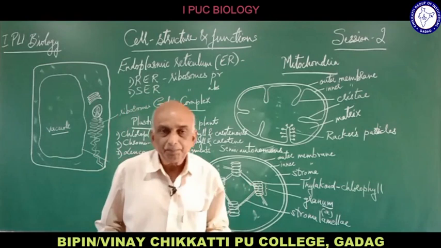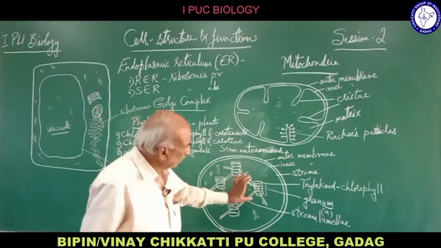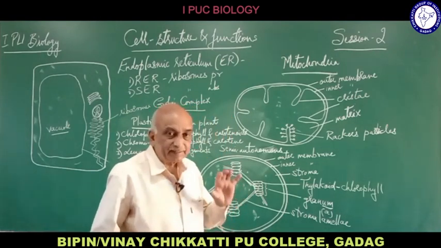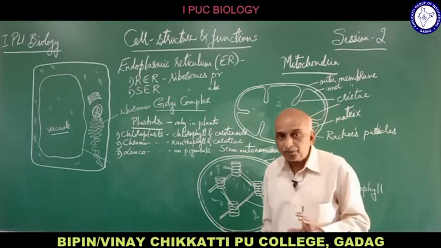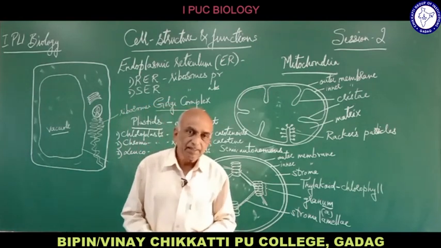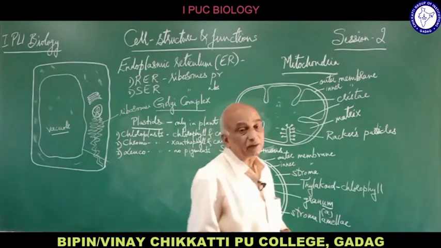A granum is made up of a stack or pile of thylakoids, arranged one above the other. In a single granum there are about 25 to 40 thylakoids.